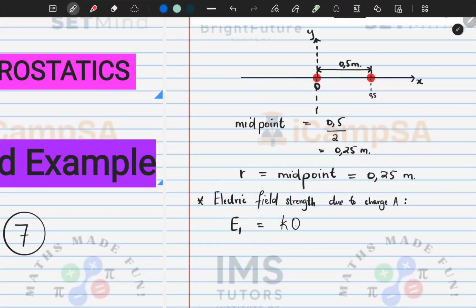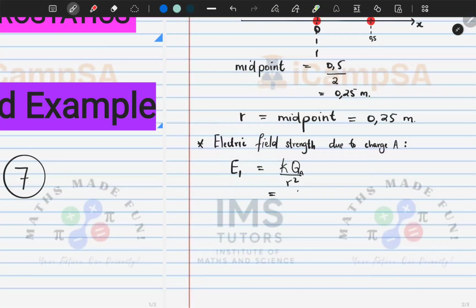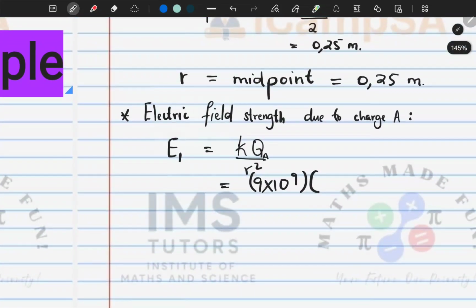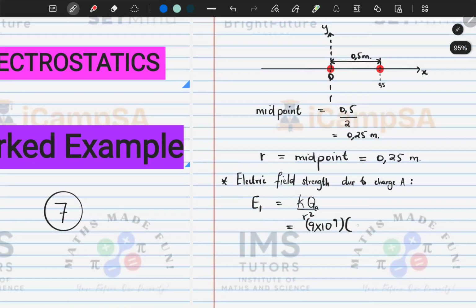So E1 equals kQ over R squared. This can be QA, it's up to you. We have 9 times 10 to the 9, and our Q we are given to be 5 microcoulombs, which is 5 times 10 to the minus 6.